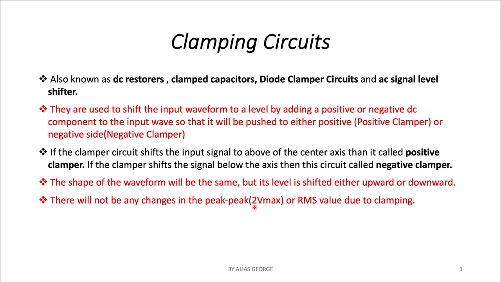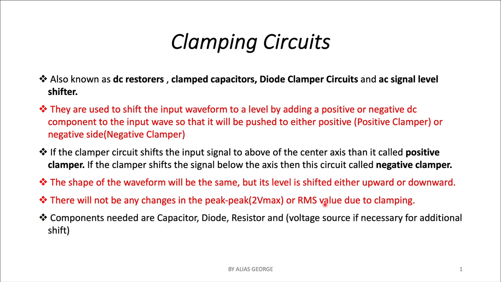There will not be any changes in the peak to peak or the RMS value of the input waveform while clamping. And the components needed to achieve this clamping are a capacitor, a diode, a resistor and a voltage source if necessary for the additional shift. These are all the very basics about clamping circuits.